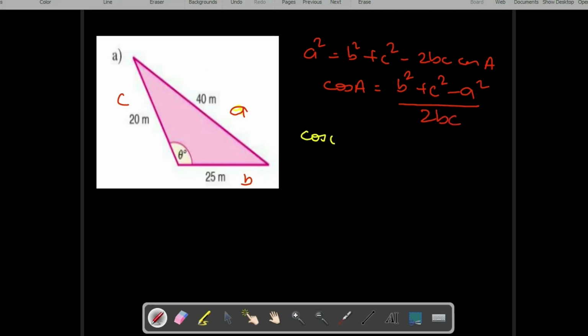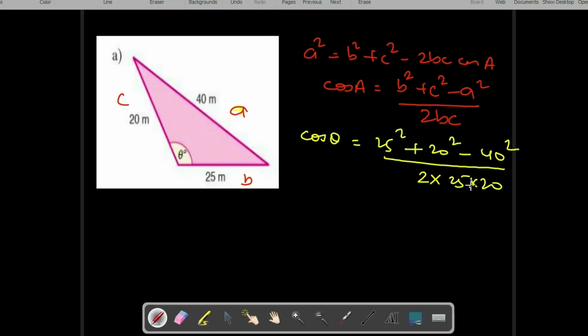In this case, angle A is theta. If b is 25, I'm going to write cos theta equals 25 square plus 20 square minus 40 square upon 2 into b into c, that means 25 into 20.